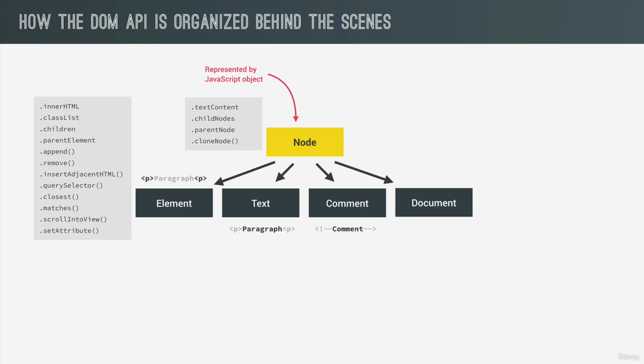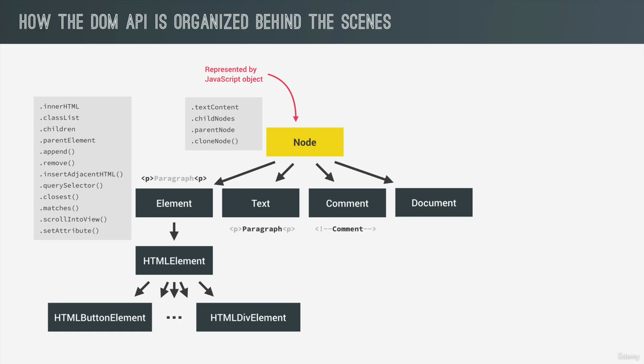Now, just to make this complete, the element type has internally an HTML element child type. And that element type itself has exactly one child type for each HTML element that exists in HTML. So we have a special type for buttons, a special type for images, for links, and so on and so forth.